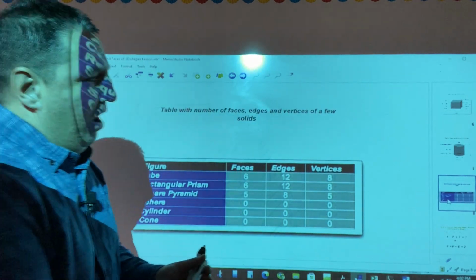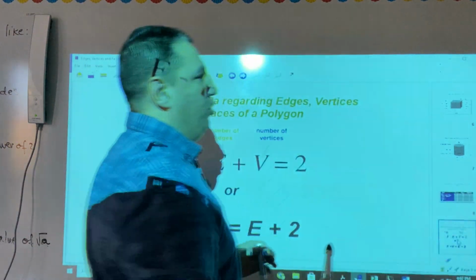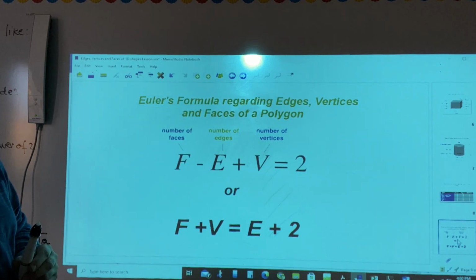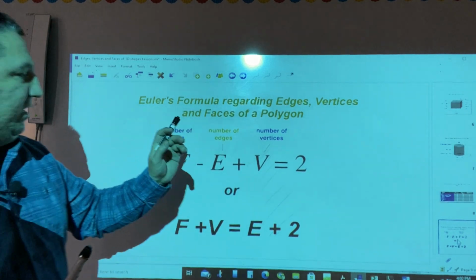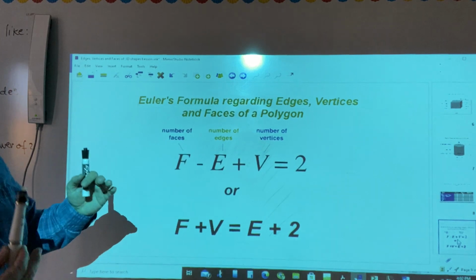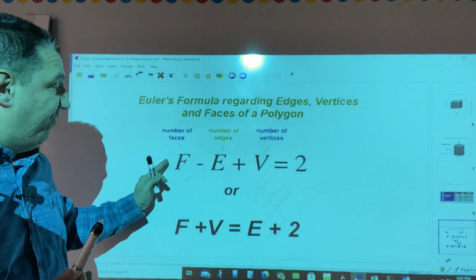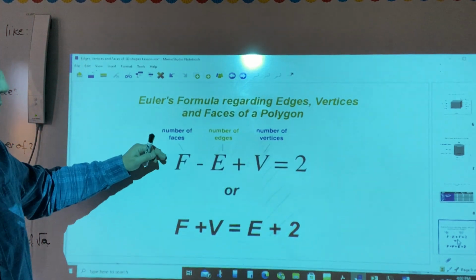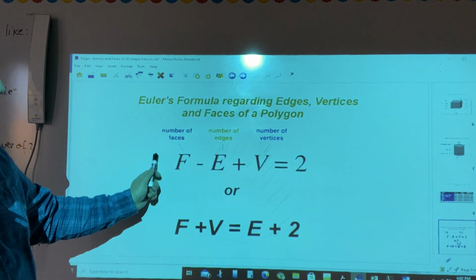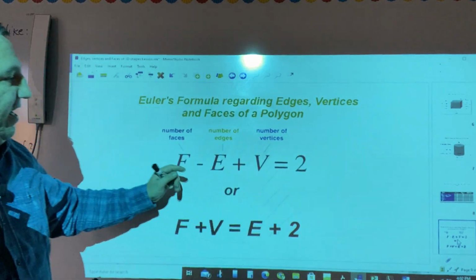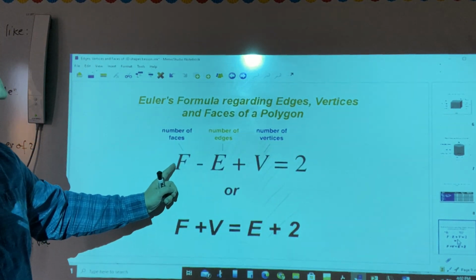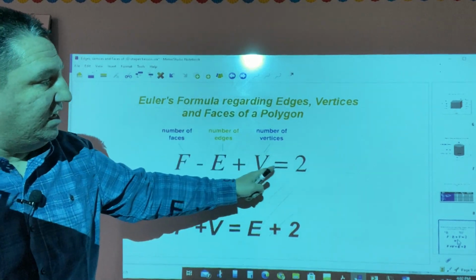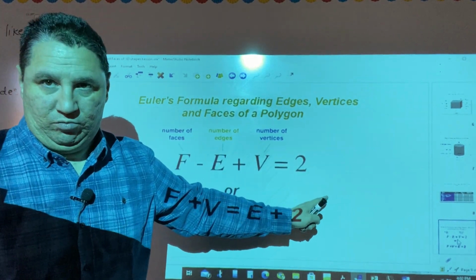Good. Now, I'll show you the Euler formula regarding edges, vertices, and faces of a polyhedron. There is a relationship between the number of faces, edges, and vertices, and this formula is given by this relationship: the number of faces minus the number of edges plus the number of vertices always equals 2.